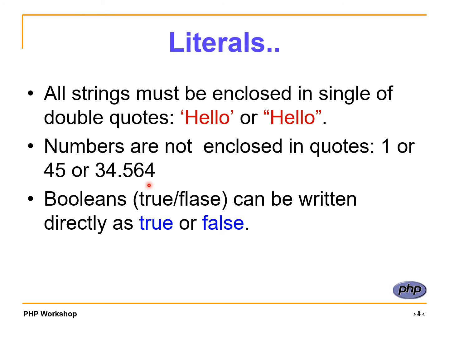If we are using numbers as a value, it should not be enclosed in quotes. Booleans, true or false, can be written directly as true or false. So for string values, we have to specify them in single quote or double quote. For numbers, we can directly specify the number values. And in case of Boolean, we have to specify either true or false.